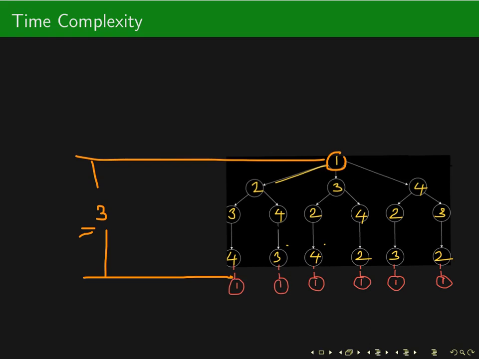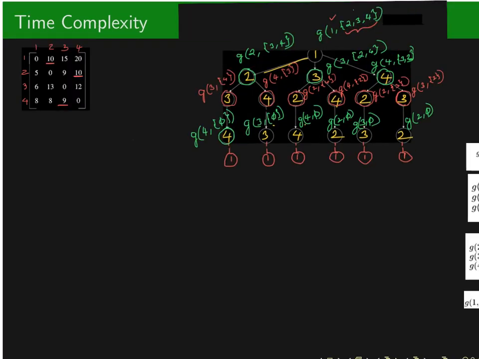And similarly, when you are at level 2, then you have 2 more vertices to be visited. And when you are in the next level, then you have 1 more vertex to be visited. And when you are in this last level, it is obvious that you don't have any more vertices to be visited.